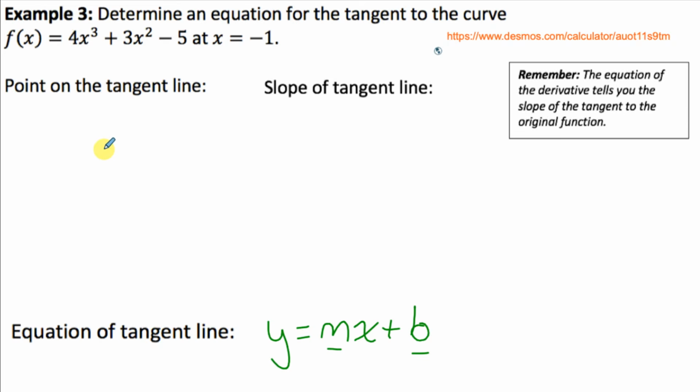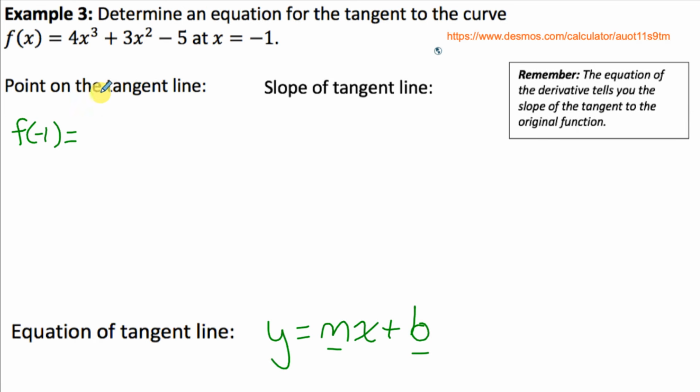To find a point on the tangent line, I know the tangent line touches that function at that point. So the tangent line and the function are at the same point when x is -1. So just plug -1 into the original function, and that not only tells us where the original function is when x is -1, but it also tells us where the tangent line would be when x is -1 as well.